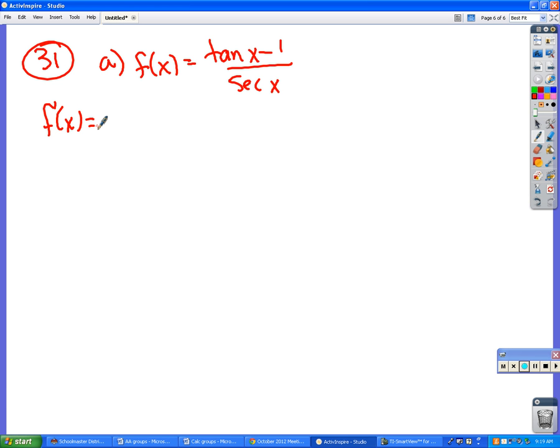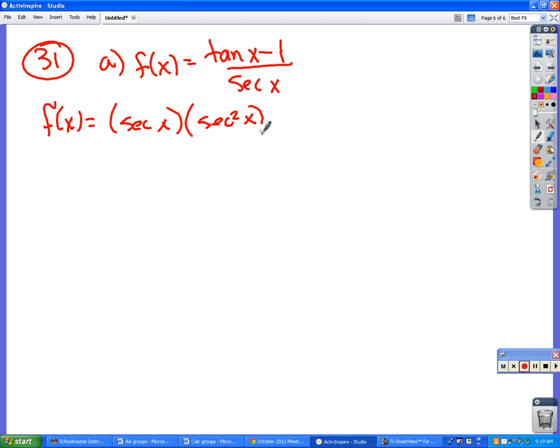Okay, so we have to do the quotient rule, right? So what do you do? Low, high. Low, high. So low is secant of x. The derivative of the high function is minus 1. Secant squared of x.